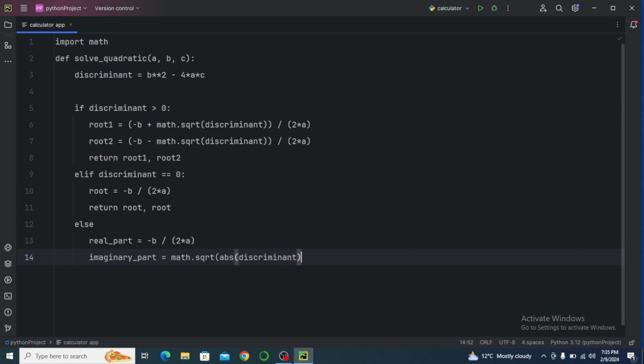Now I'm going to close the brackets. Now I'm going to say multiply by 2 star e.